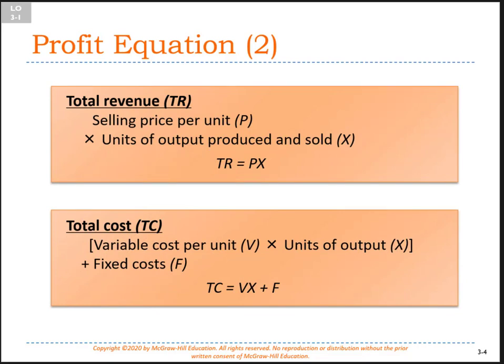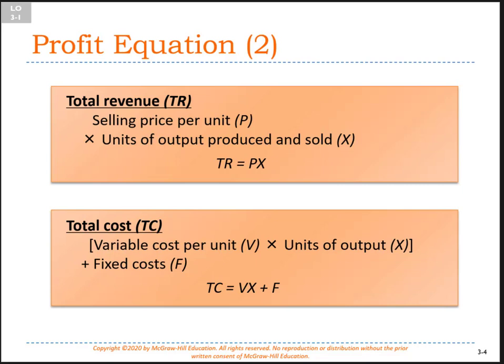Okay? So, if we were to come up with a formula for figuring out revenue, it is the selling price per unit. So, what do you tend to sell it for?